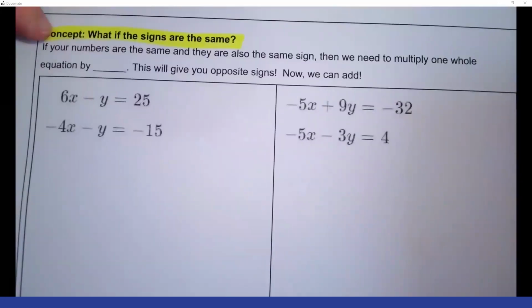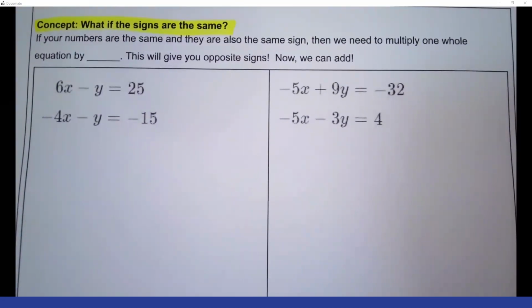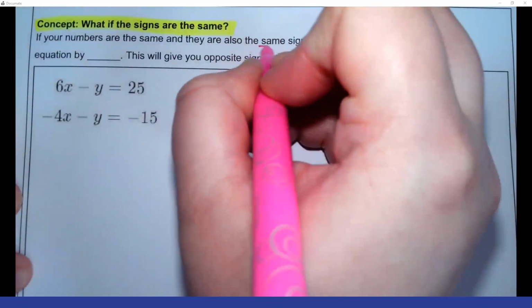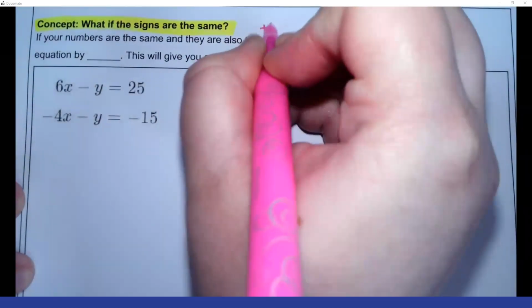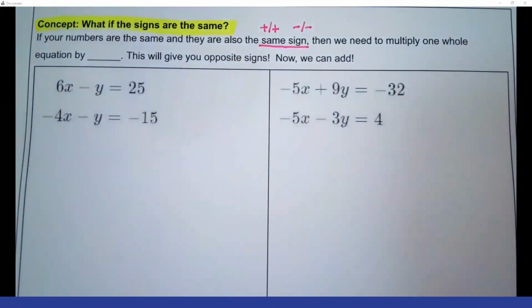All right. So something that you guys are going to see in tonight's homework is, what if the signs are the same? Meaning your numbers are still the same, but now your signs are either both positive or both negative.